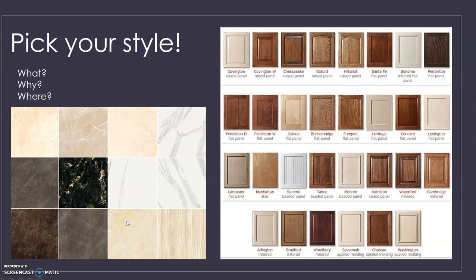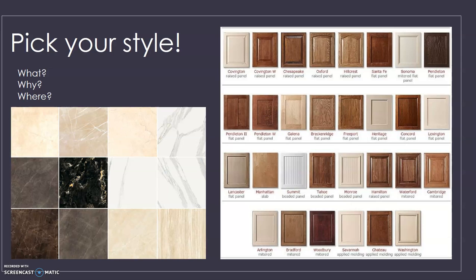Now, when you pick a finish, first of all, you have to think about your style. First things first, the three questions: what, why, and where. What your style is, why you pick that style, and where you want to use it.